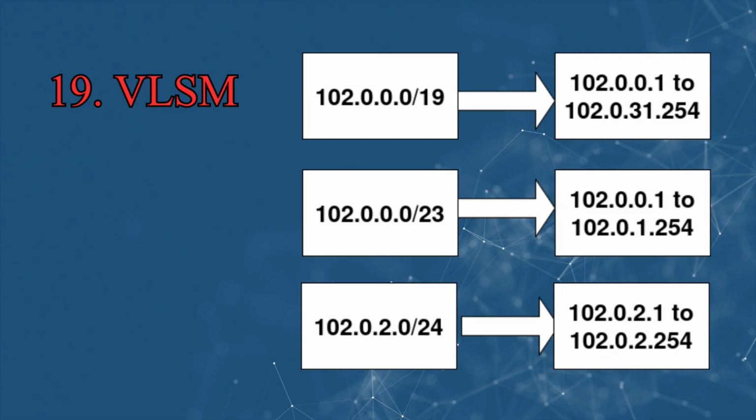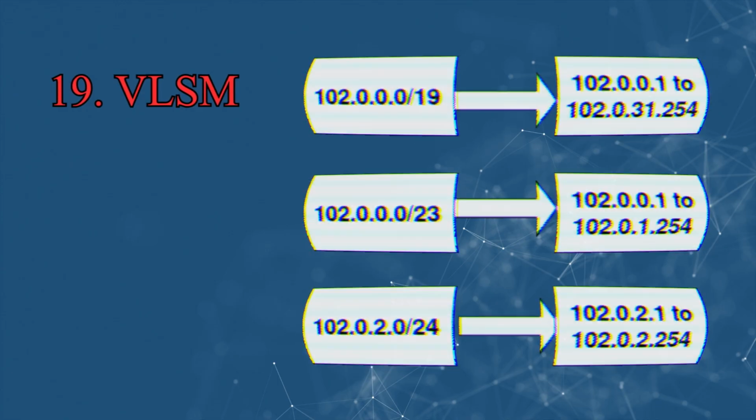So the next network in our case would be 102.0.2.0/24, which gives us the usable IP addresses in the range 102.0.2.1 to 102.0.2.254. And thanks to the VLSM, we can divide our network however we like, and it's totally up to us, so we're really flexible here.